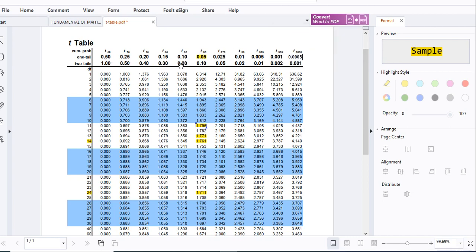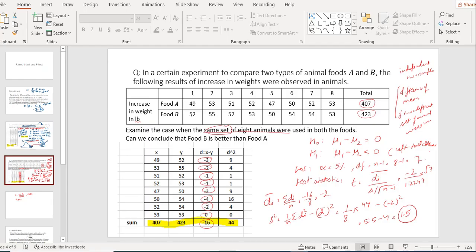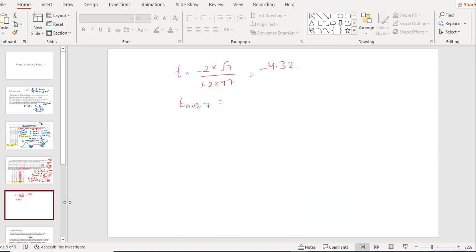So we are going to refer the right tail, and because t distribution is a symmetric distribution, we multiply it with a negative sign. So with 7 degrees of freedom and 5% level of significance, its value comes out to be 1.895 with a negative sign. So the value of t is minus 1.895.